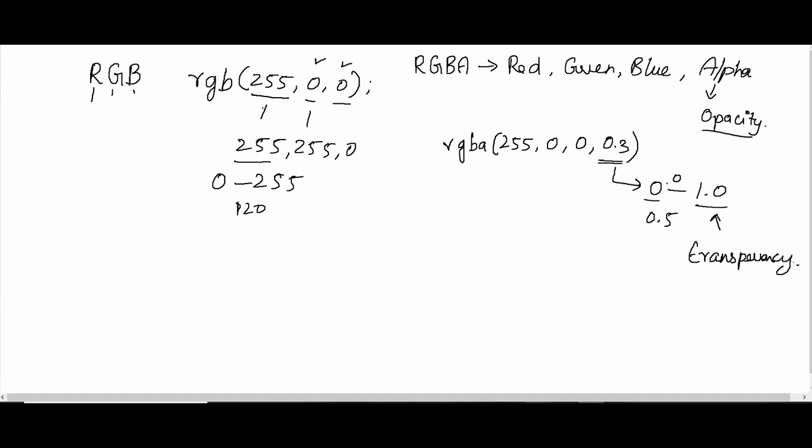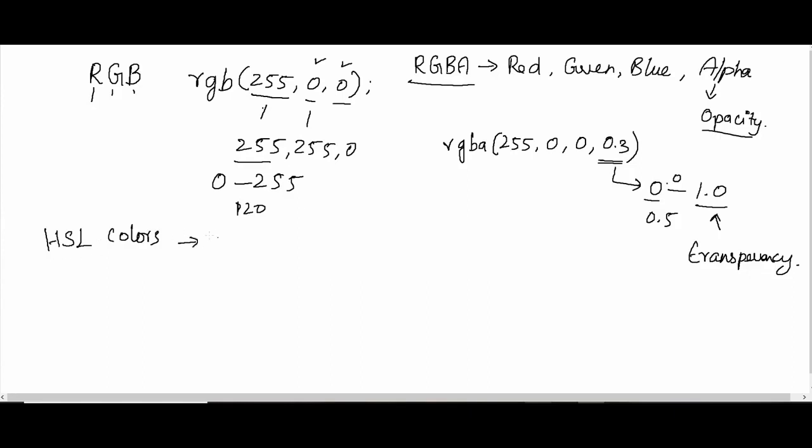We have already seen this in Photoshop and also in CSS2. Right, this is RGBA. And we have another color format. This is HSL. HSL colors.